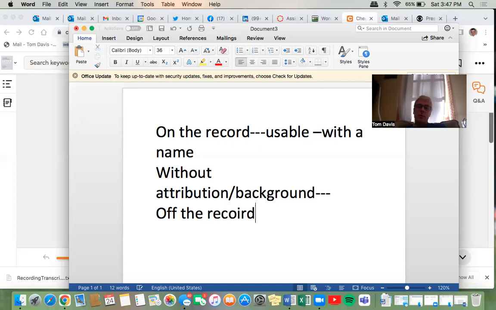There's off the record, which means that basically you're not supposed to use the information at all. Okay. So why would there be people who do off the record interviews, if you can't use the information at all? Well, it's actually a good idea because if you're getting something that's highly sensitive in nature, you want to get it, but then maybe you confirm it elsewhere.